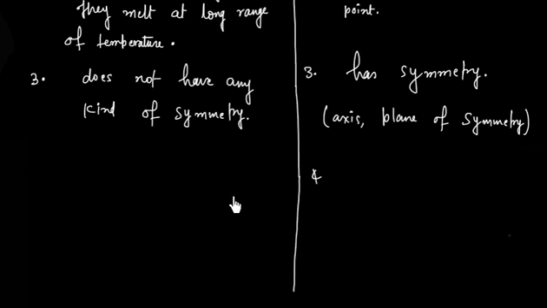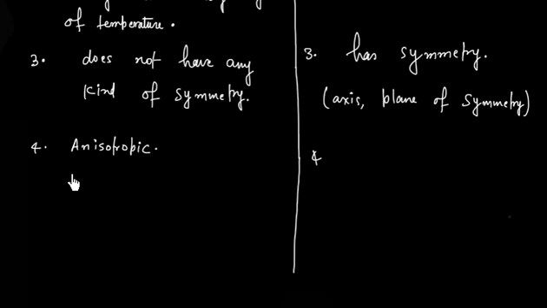Next difference we have: amorphous solid is isotropic. Isotropic means property does not depend upon direction. This means in all directions the property is the same. And this property can be refractive index, resistance, density, or any kind of property we can have.